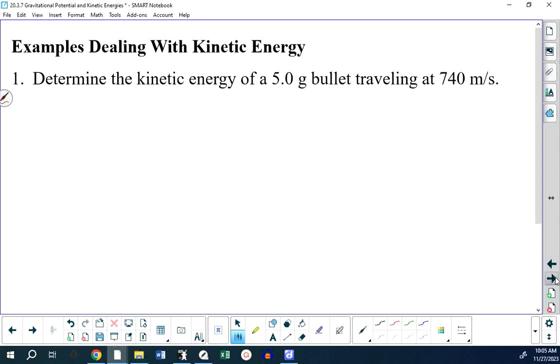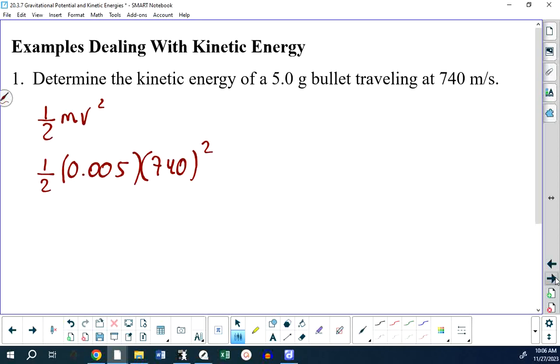Determine the kinetic energy of a 5-gram bullet traveling at 740 meters per second. So we're going to do 1/2 mv squared. It'll be 1/2. We need to convert that 5 grams to kilograms. The most common mistake with kinetic energy calculations, and this is just the beginning, this is not an exam question.